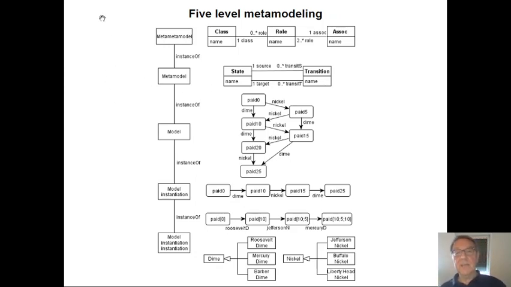By going into the upper direction, your metamodel becomes more abstract, and by going into the lower direction, your metamodel becomes more special. So this is just an example that one does not have to stick to the 4-level metamodeling philosophy of the OMG.